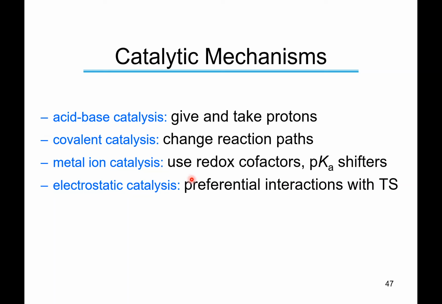Metal ion catalysis uses metal ions as sort of redox cofactors. They're able to change pKa values. In that way, they're a little bit similar to acid-base catalysis, but they involve a metal ion. Okay, electrostatic catalysis. These are performing interactions like a charge interaction with a transition state.